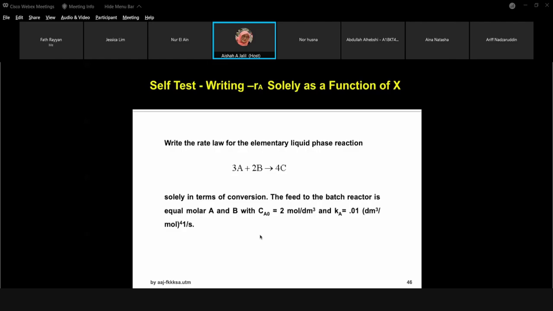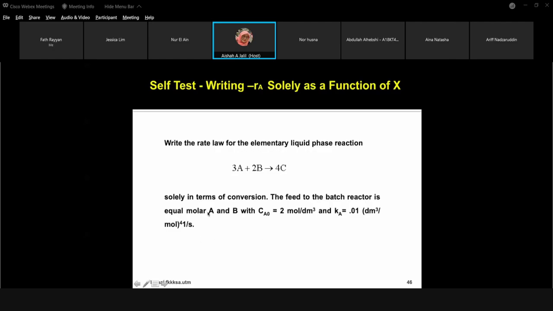In this example, which is the limiting reactant? I think B, doctor. Why? What is a limiting reactant? If you have two reactants, you have to determine which is the limiting reactant. The reactant that will be finished earlier, right? In this condition, why B?